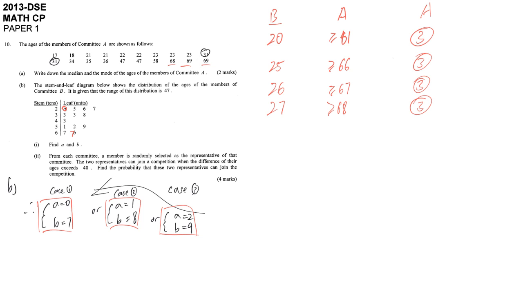After that, we consider 33. If B is 33, add 41, then it will become 74. But we don't have such a large number in committee A, so this one we will just negate it until we find a really large number from committee B.